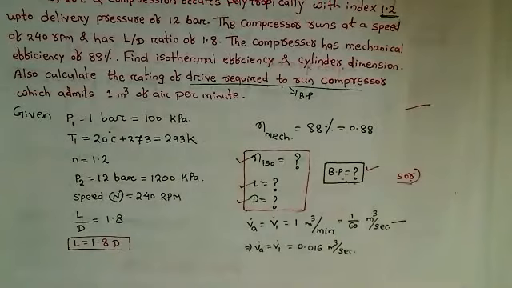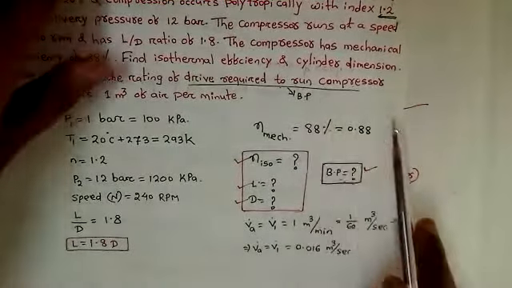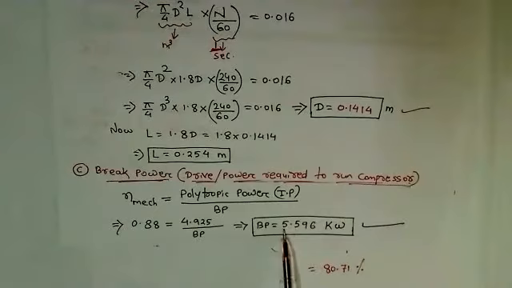That motor will rotate the crankshaft of the engine, and from the crankshaft we are getting the brake power. When the crankshaft rotates, the piston will move up and down, and it will compress the air. So the power input to the compressor is nothing but brake power. So this brake power we have calculated as 5.596 kilowatt.